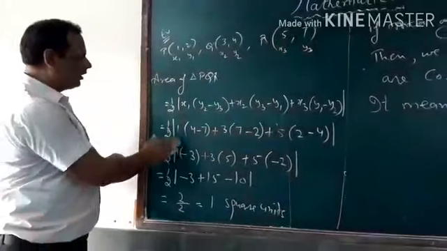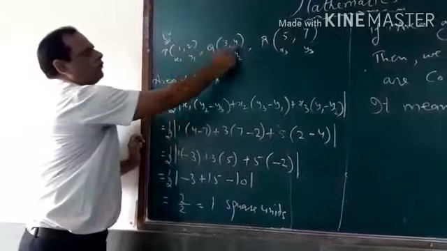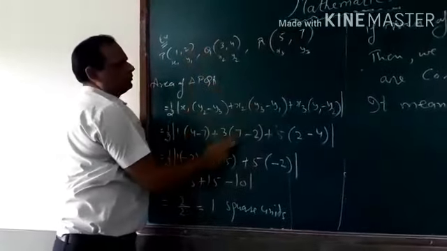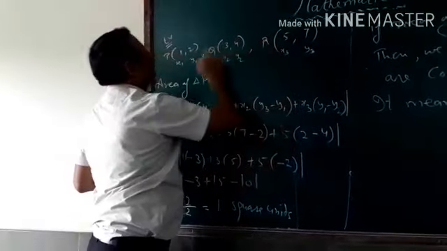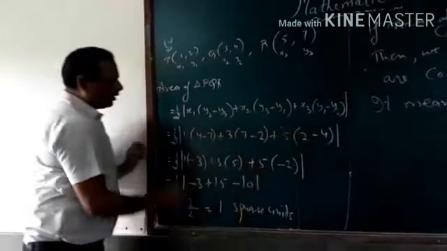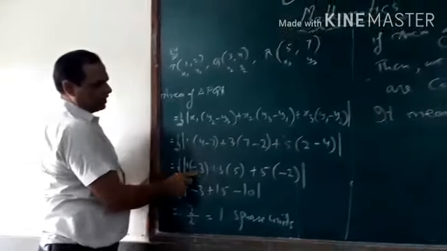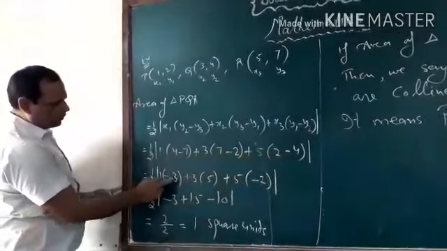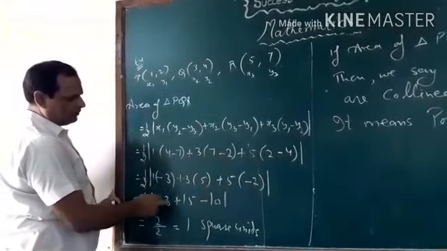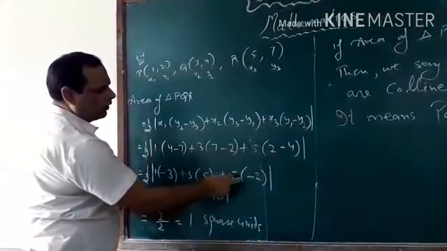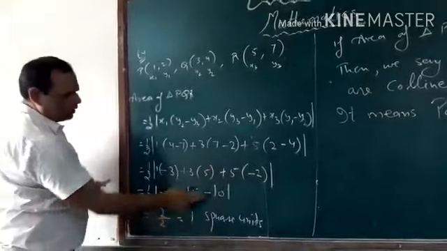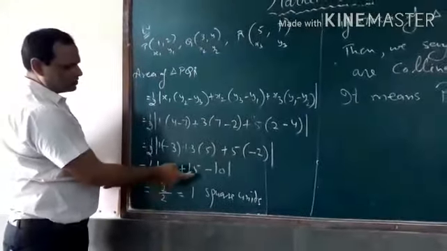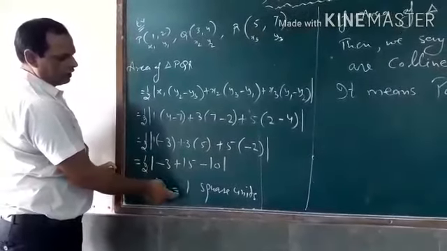Now we substitute the values: 1 (4 minus 7) plus 3 (7 minus 2) plus 5 (2 minus 4). Now after solving, we get minus 3, then 5, and minus 2. After multiplying: minus 3, 3 into 5 is 15, 5 into minus 2 is minus 10. Minus 3 minus 10 is minus 13, plus 15, so the value is 2. 2 divided by 2, the value is 1.